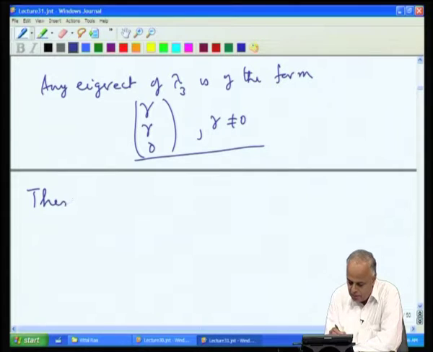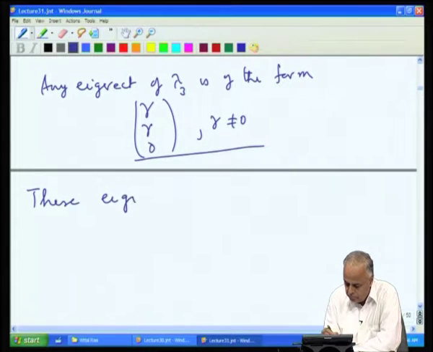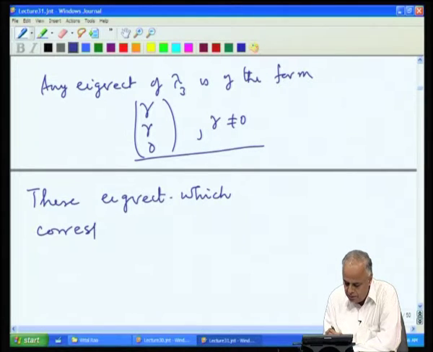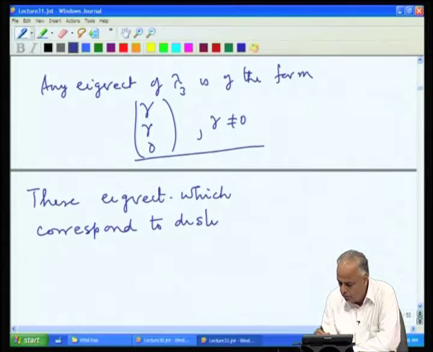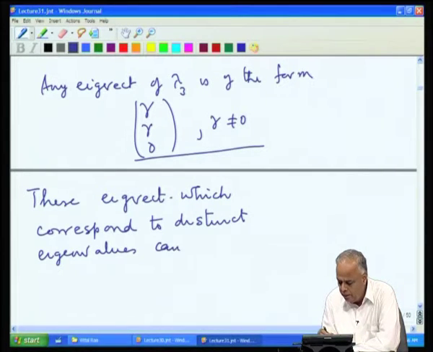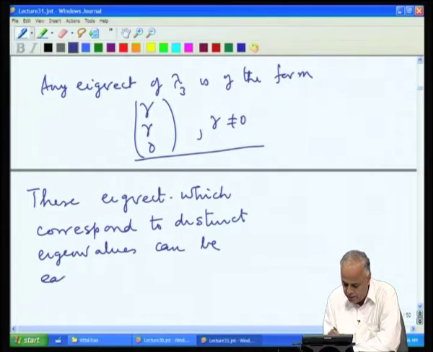These eigenvectors which correspond to distinct eigenvalues can be easily verified to be linearly independent.